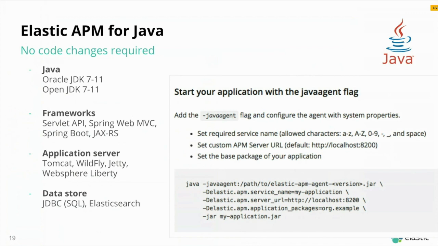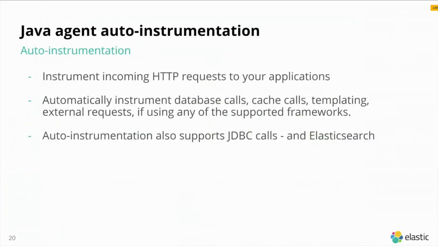So no code changes are required. If you use one of the supported frameworks and you enable the agent with the flag here, it will start instrumenting your application automatically with no work needed on your part.